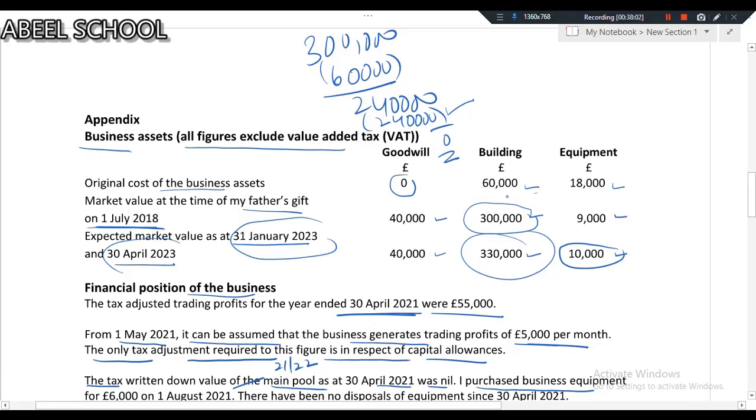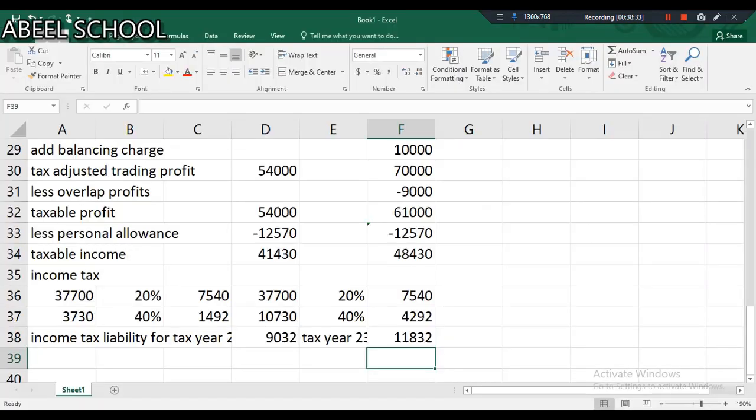Okay. What about the equipment? Actually, it is written in the question. Equipments are not the equipments which were in the main pool. For equipment, it is written in the question they are having cost and market value not more than 6,000. So simply they are exempt from CGT. So equipment will not result in any capital gain. And definitely goodwill cannot come in case 1, because in case 1, ZT has ceased the business.